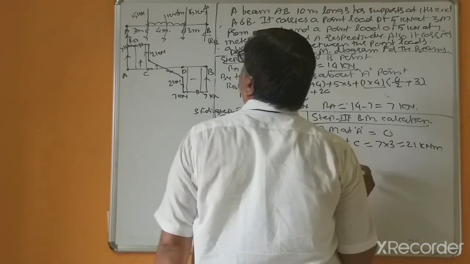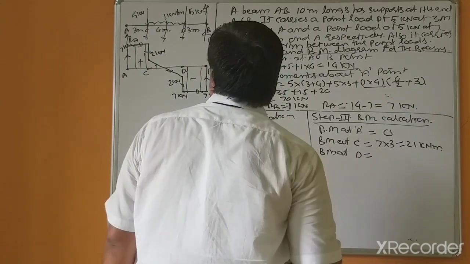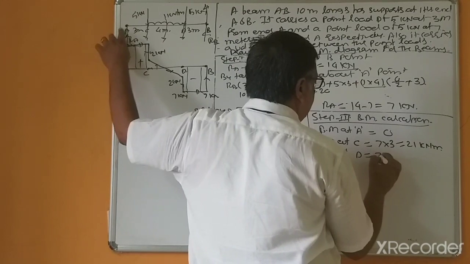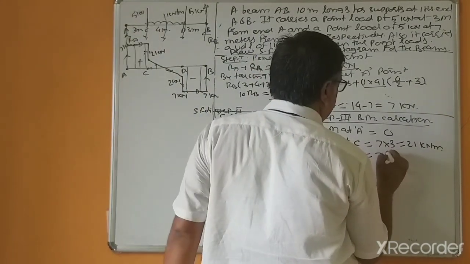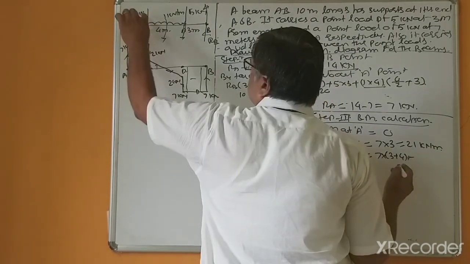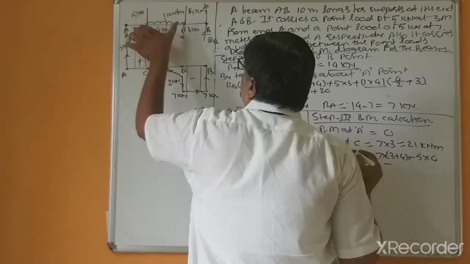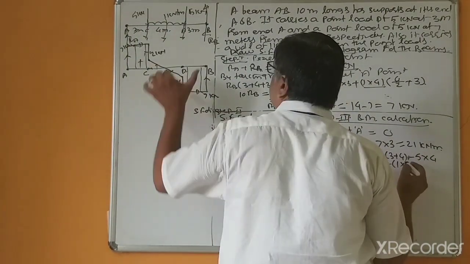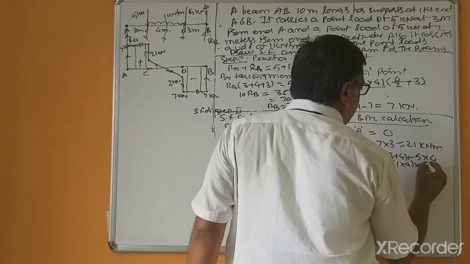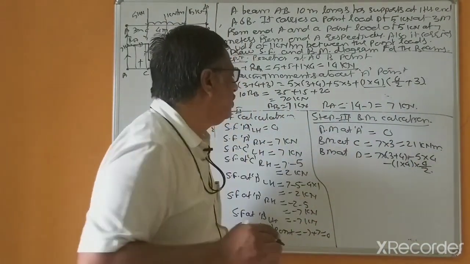Bending moment at D point. So here distance 7 multiplied by 3 plus 4, anti-clockwise moment 5 multiplied by distance 4, and another UDL, this is 1 multiplied by distance 4, and half of it, distance divided by 2.